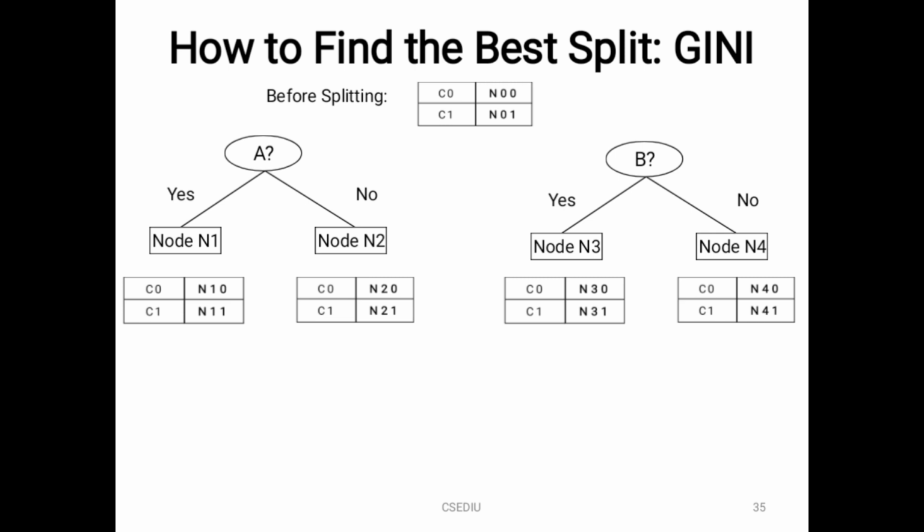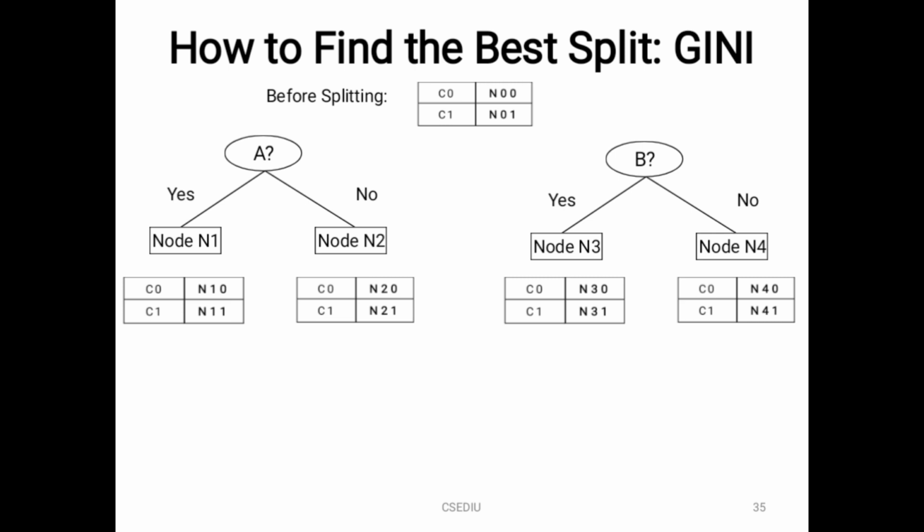Before splitting, C of 0 is N of 0 0 and C1 is N of 0 1. Here, records are going to node N1 and node N2.